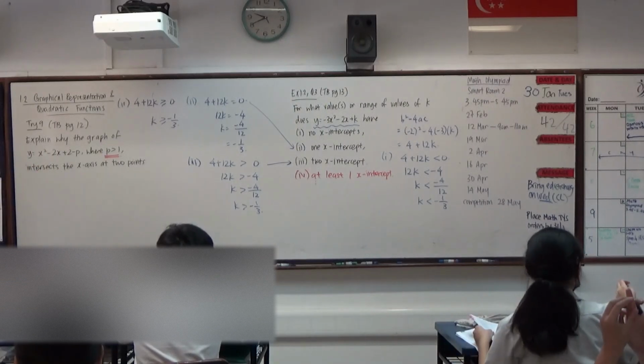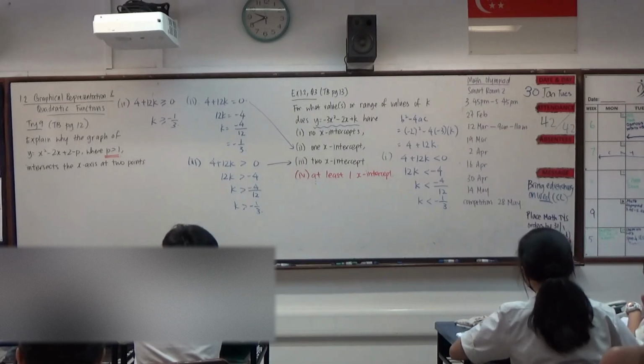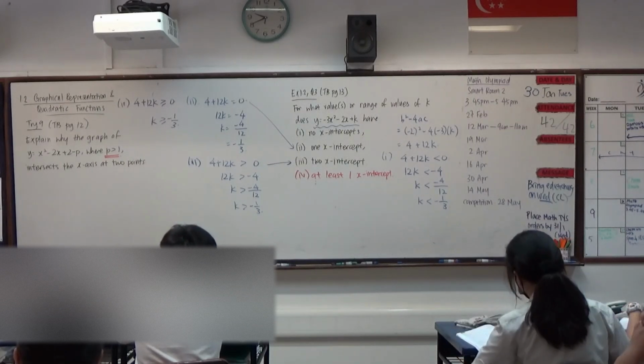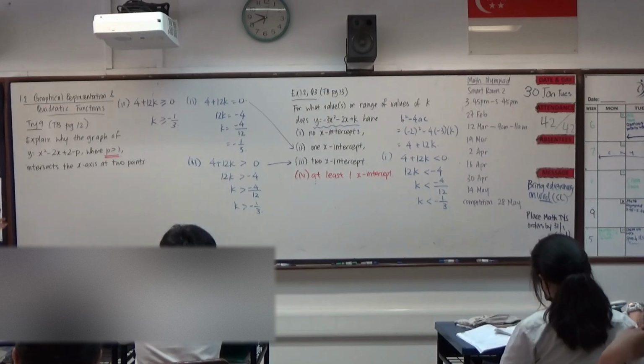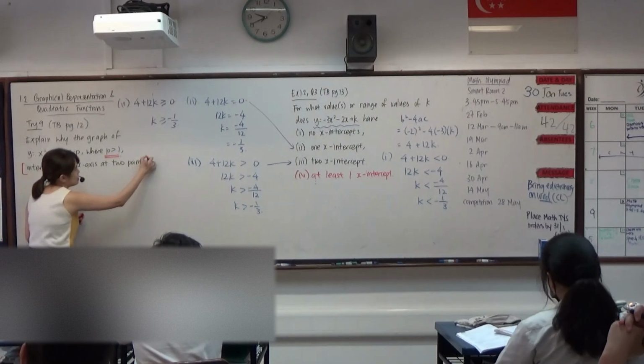Now this is the part where we need to be very clear about what the objective of the question is and what information the question is giving us. The question is asking us to meet this objective.